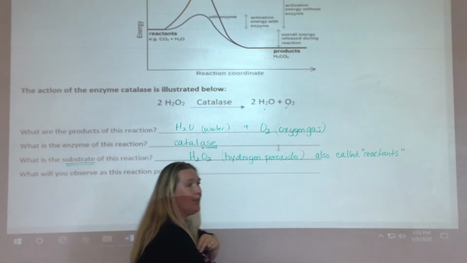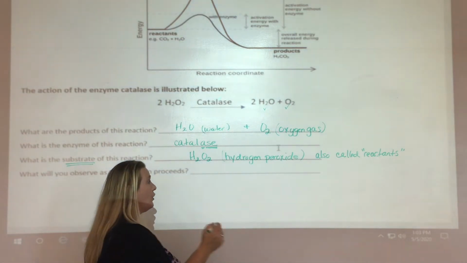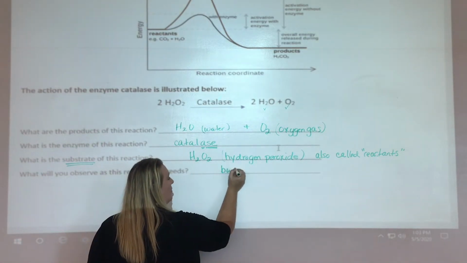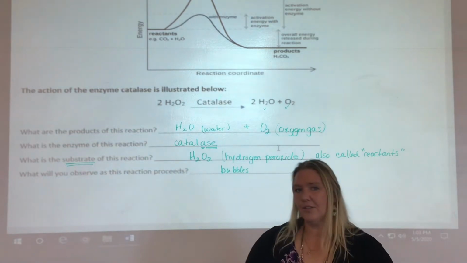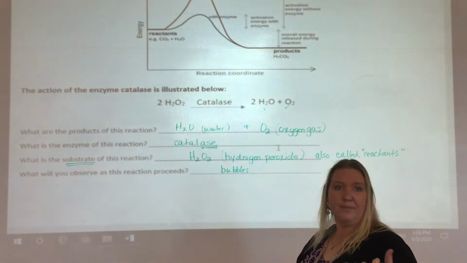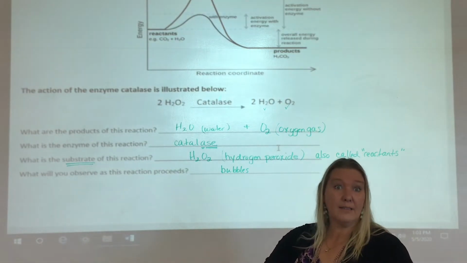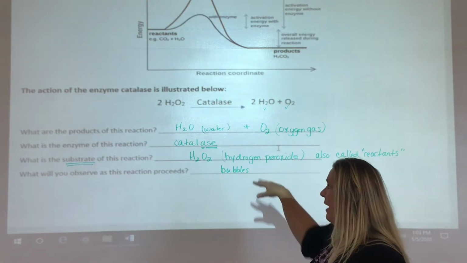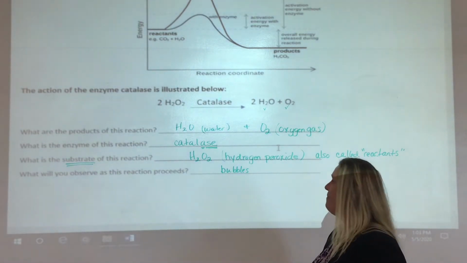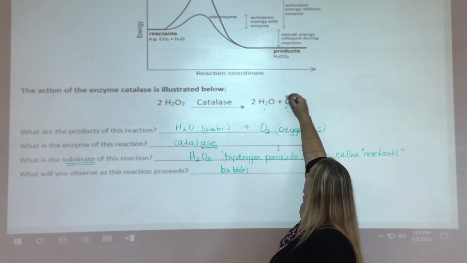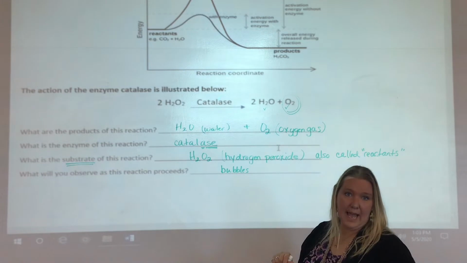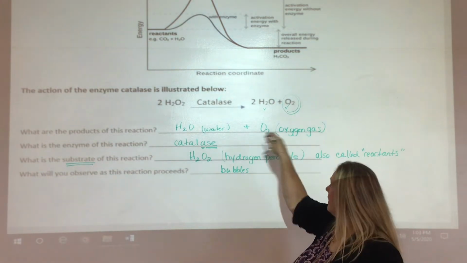So that gas is going to release in that liquid, and it's going to look like bubbles. A lot of my students in previous semesters said it looked like carbonation, right? Like Sprite, right? Bubbling up. And we'll see that in just a second when we do the lab. So we're going to be looking for bubbles. That means that we are releasing this oxygen gas. That means that it is going faster.